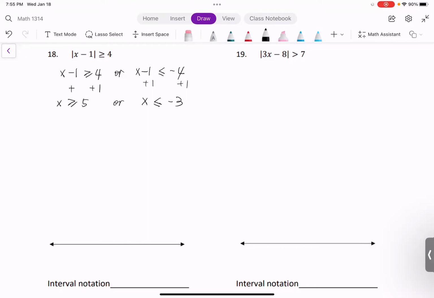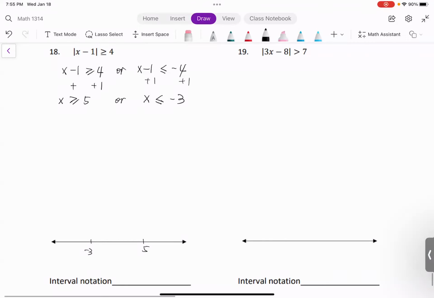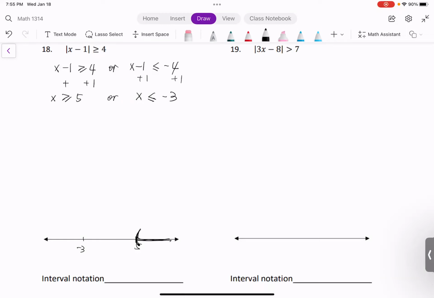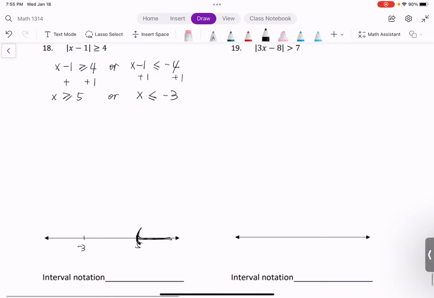Let's find these two numbers on the number line. So here is -3, here is 5. So x is greater than or equal to 5 is on the right-hand side of 5, so highlight this area. And x is less than or equal to -3, we highlight this area. Oh, be careful about one thing.